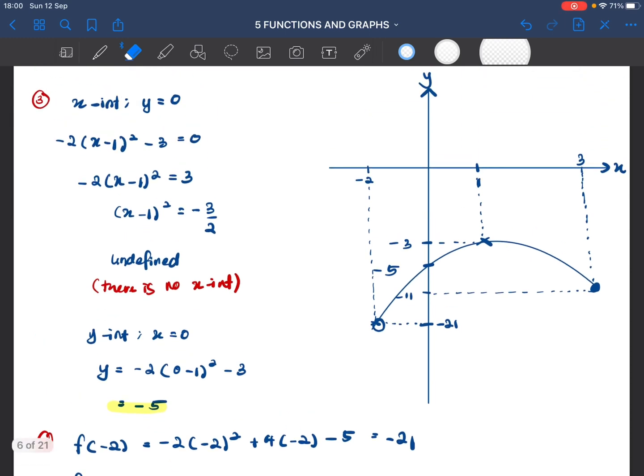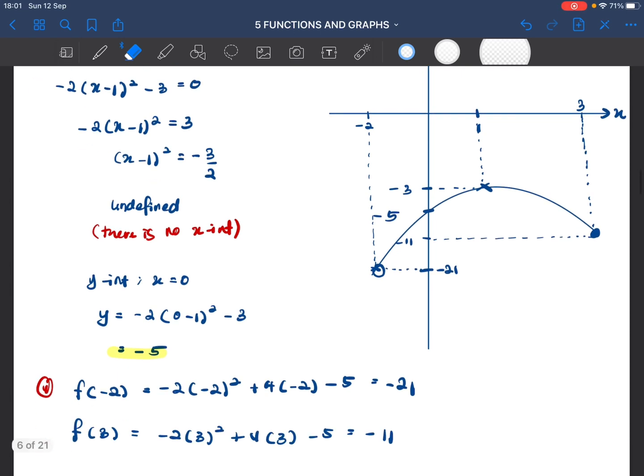Okay, so if the question gives you the domain, gives you the condition, we have to substitute the value of x into our y, and then we get the value of y. So you just plot, and then the rest of the graph kita padamkan. So this is our function. Okay, so domain basically apa yang kita bagi tadi, open negative 2, 3 close. Now the range is bawah ke atas.